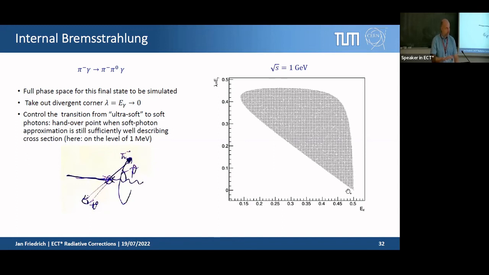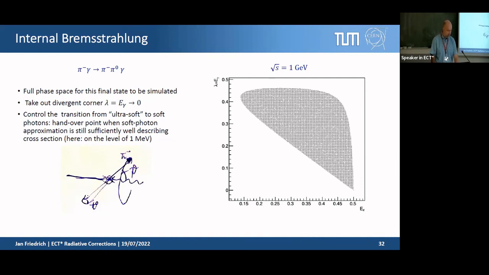And yes, one but last slide. Yeah. And you see here the most relevant point for us, where the photon energy is small. This is the transition, in fact, to the reaction without a photon. So you have here the original graph, pion and photon colliding to pi minus and pi zero.